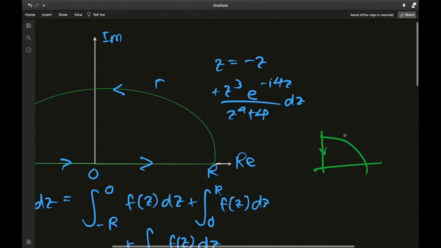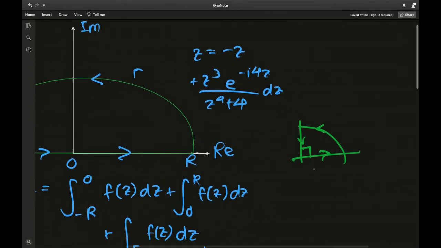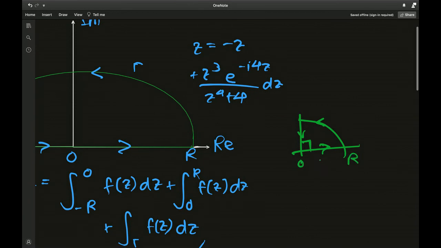But I hope you understand why this contour doesn't work, a contour of 90 degrees. If I do that, there's no problem from 0 to r, that will directly be our I. But then going along this semicircular path, rather a quarter of a circular path, again we can use the estimation lemma.